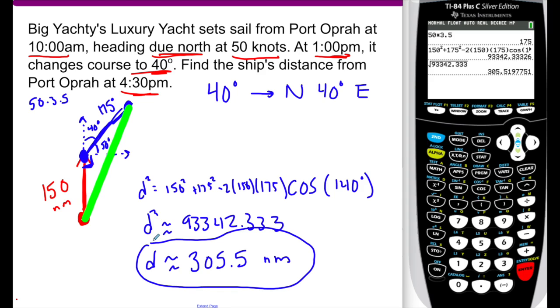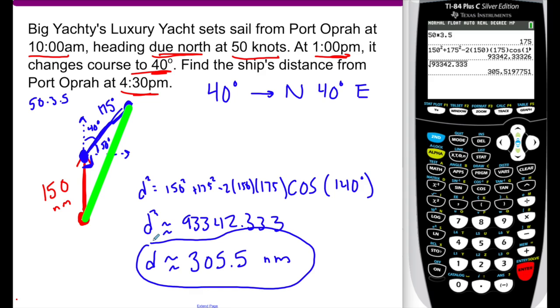Now, just a couple quick reminders. Please make sure you're being very meticulous with your setup of your diagram. Also, remember that I'm only rounding to one decimal place because I'm stating a final answer.